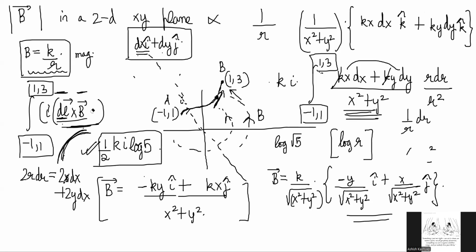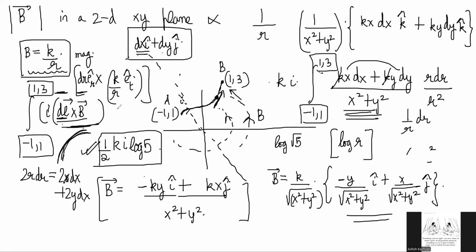Well, basically, the idea is that you can split the field in terms of its x and y parts and do the integral of dl cross B. You could have done this directly also by writing k by r e_theta as the field, and doing dr e_r cross this.